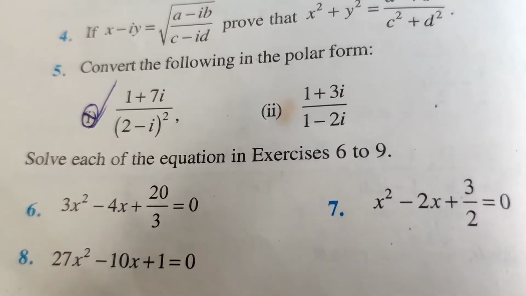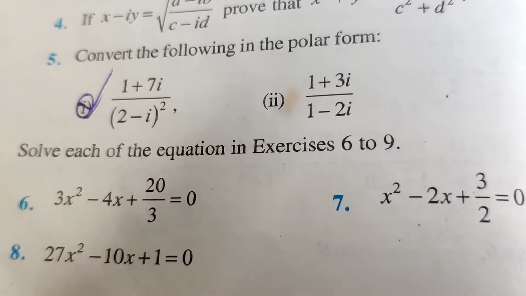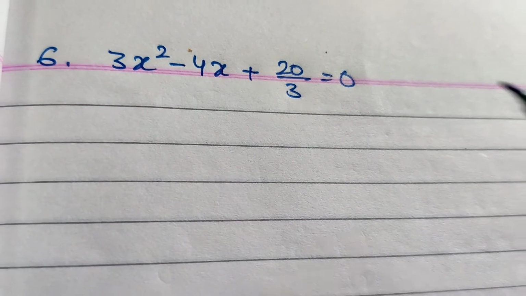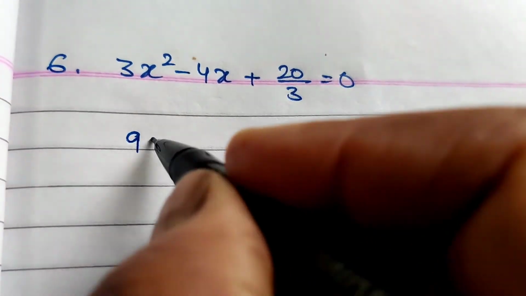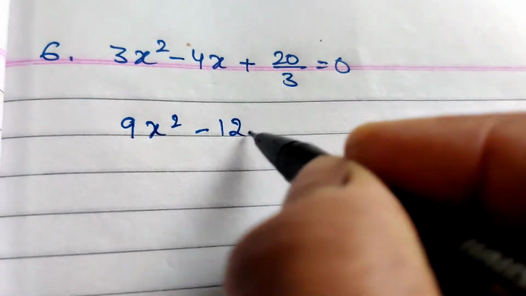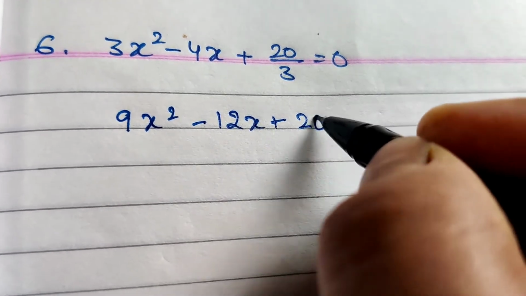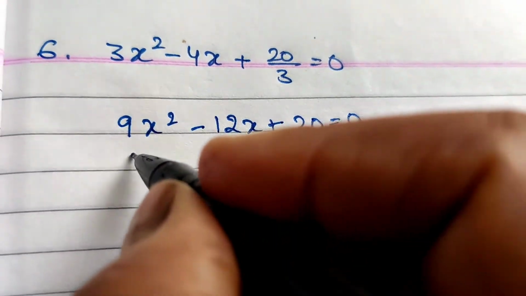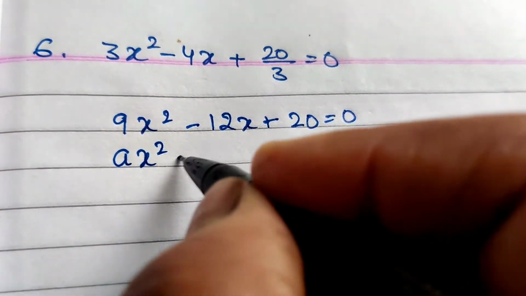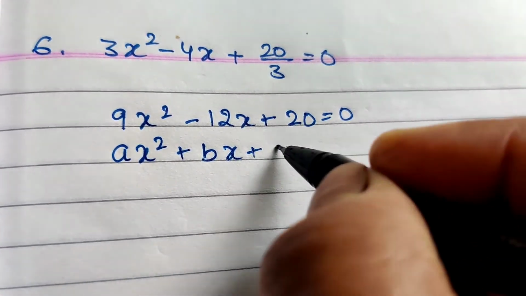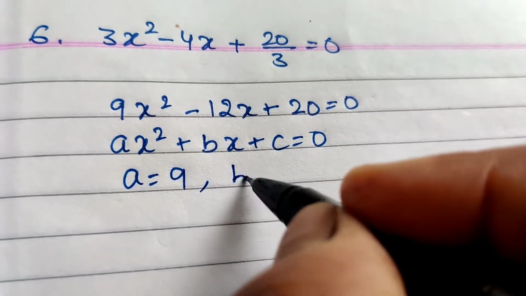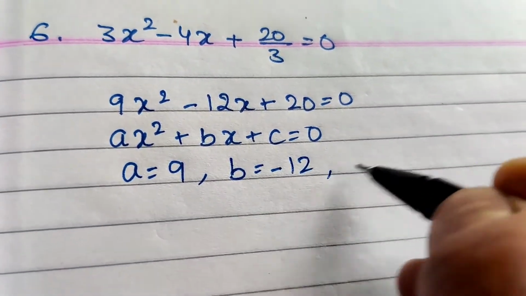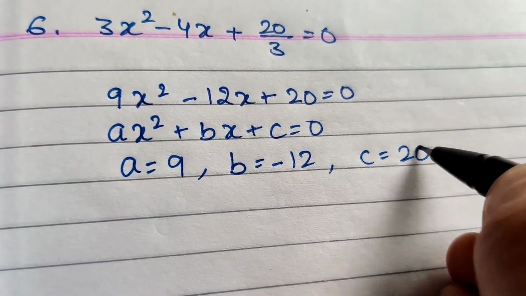3x square minus 4x plus 20 by 3 equal to 0. Now take 3 as the LCM and multiply: 9x square minus 12x plus 20 equal to 0. Comparing this equation with ax square plus bx plus c, we get a equal to 9, b equal to minus 12 and c equal to 20.